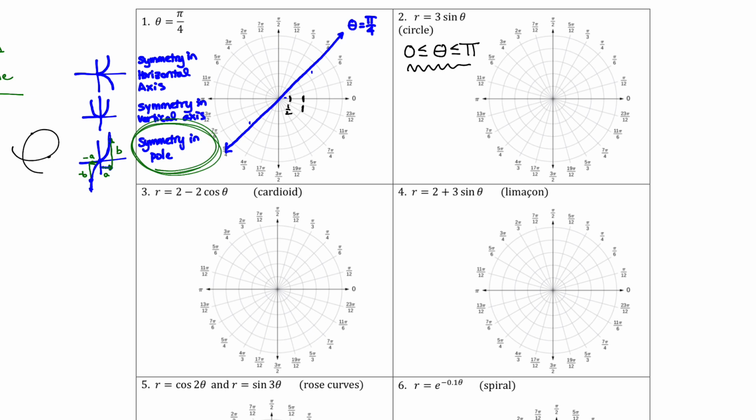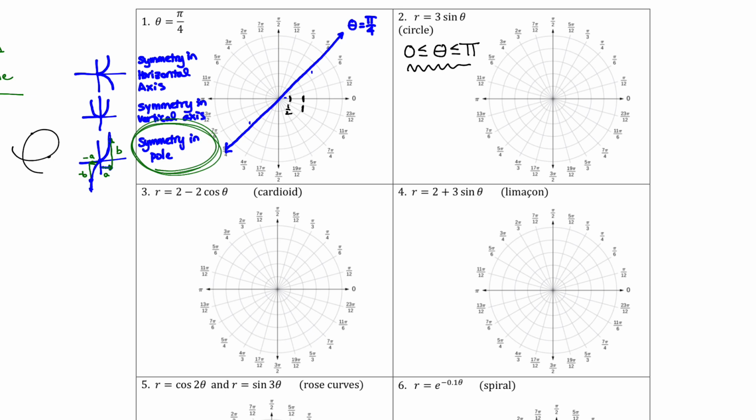Let me put my A's. I want to go from 0 to pi. And if I move A, and let me just go A. So if I'm tracing A, as I'm tracing from 0 all the way until I get to pi, boom.